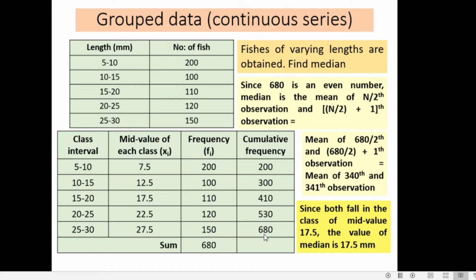And what is the median? Median is the middlemost value. Since 680 is an even number, what will be the middle value? Let us go to one simple example: if we have 10 observations, numbered from 1 to 10, there will be two values which come in the center because 10 is an even number.